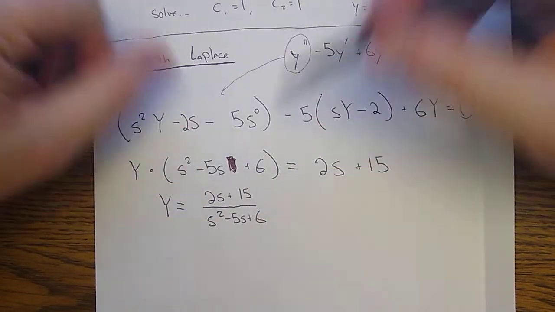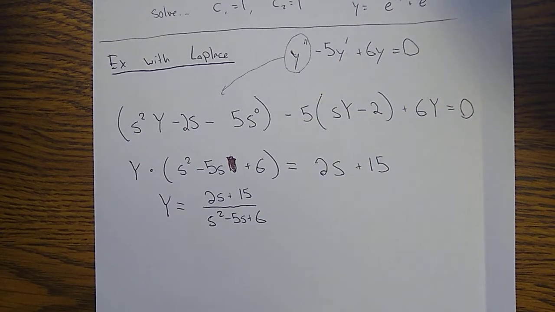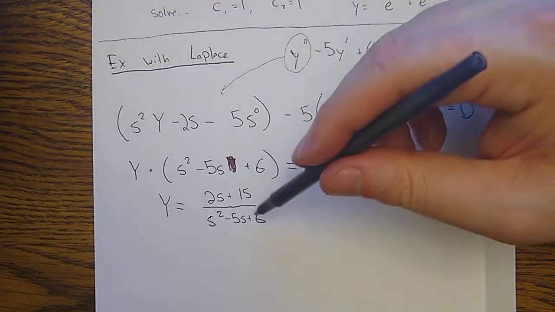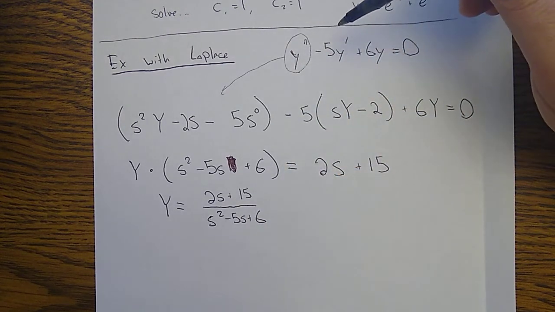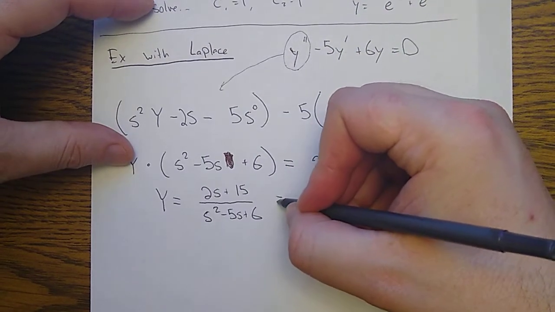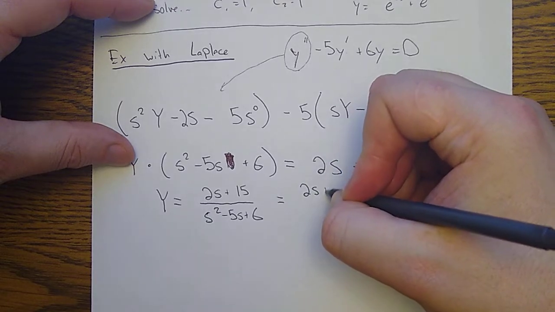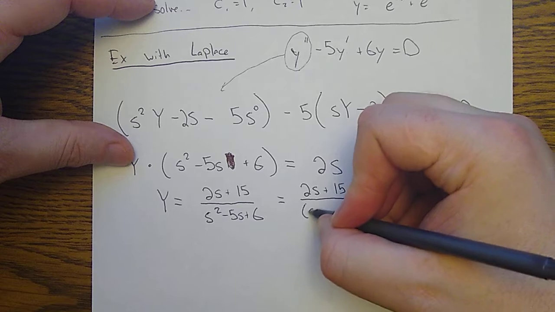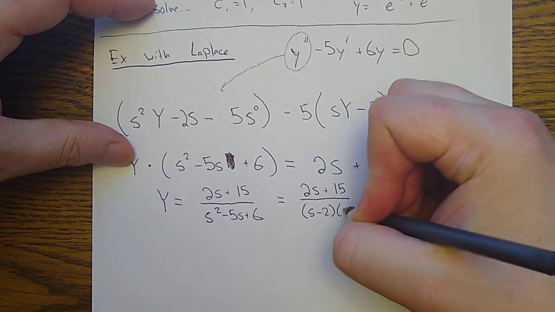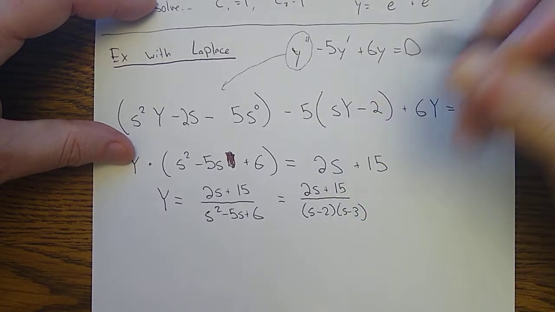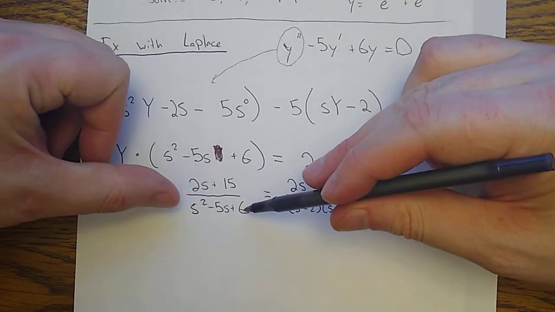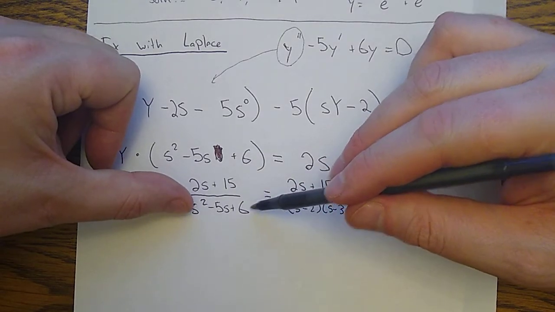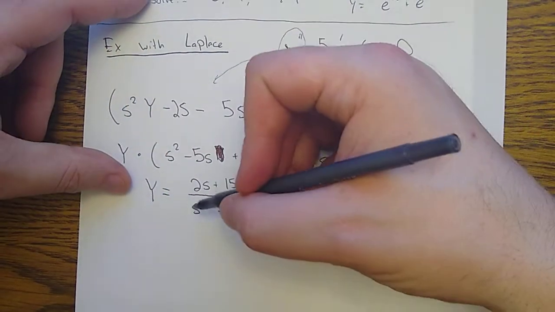Again, this is not something that we're going to see on that table. However, we can do partial fractions to it. And this time, let's actually do it and not cheat. And let me point something out here. As we're doing partial fractions, of course, I need to factor this bottom.